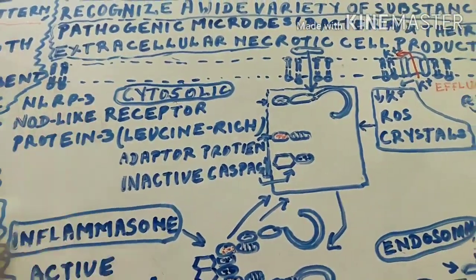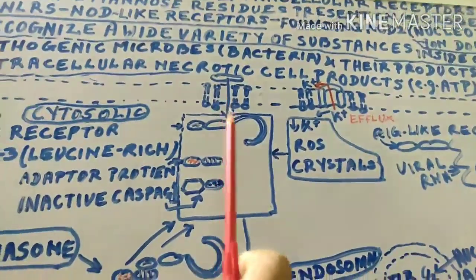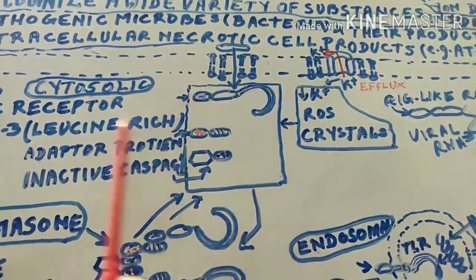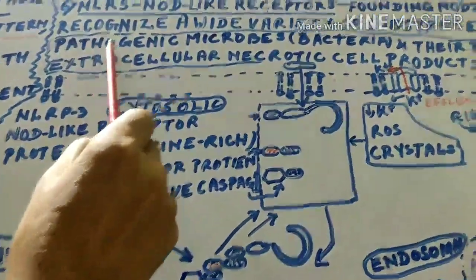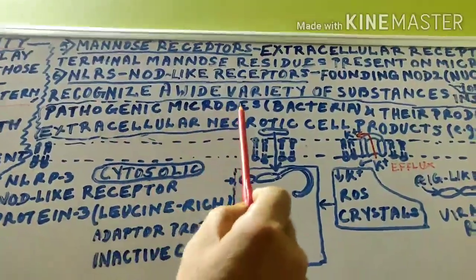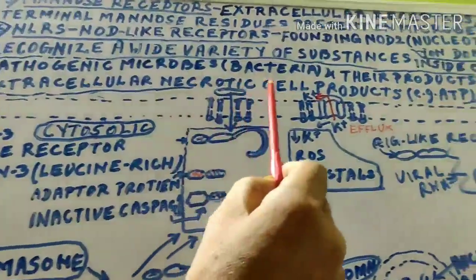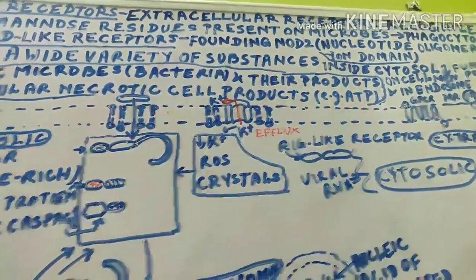That is the node-like receptor protein. Now, you see here first what the stimuli are, the substances to which this node-like receptor responds. It is pathogenic microbes, for example bacteria and their products. Next is extracellular necrotic cell products, which contain, for example, ATP.